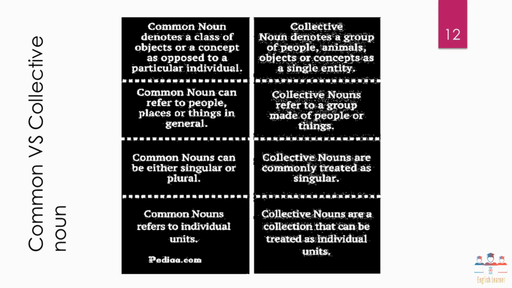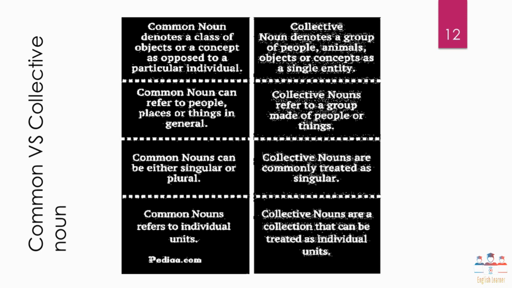Number one: a common noun denotes a class of objects or concepts as opposed to a particular individual, whereas a collective noun denotes a group of people, animals, objects or concepts as a single entity. It means a collective noun deals with a single entity and a common noun deals in a generic form.